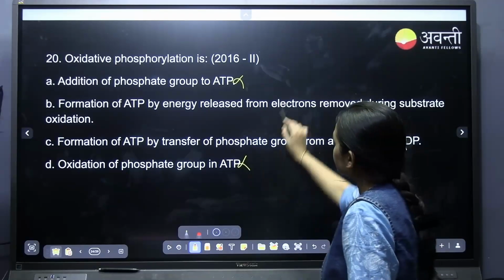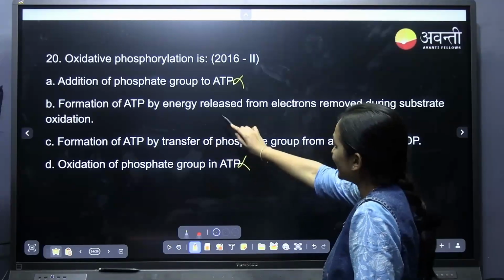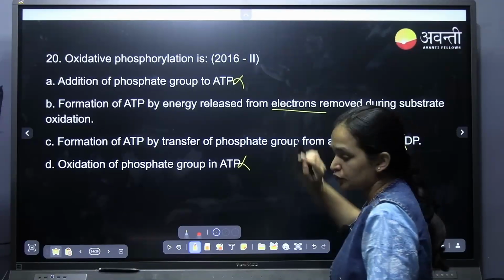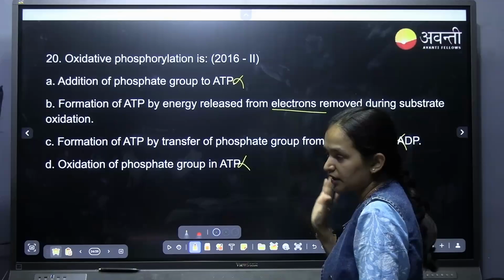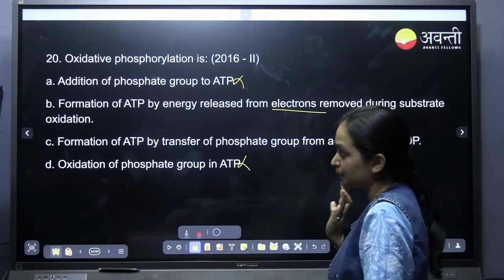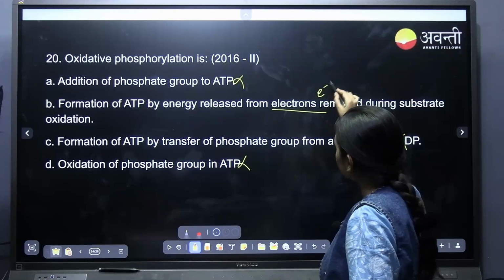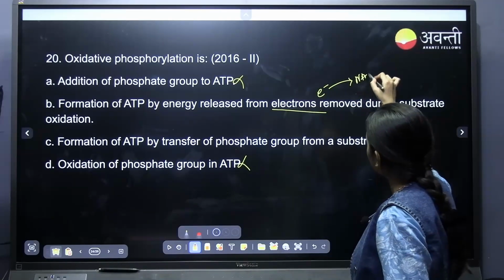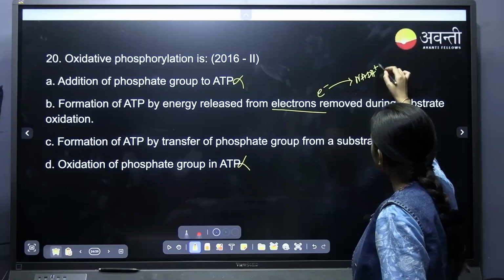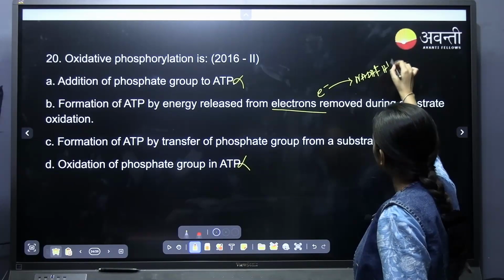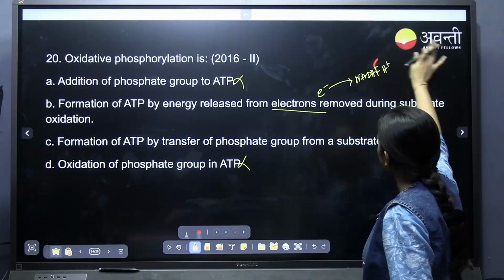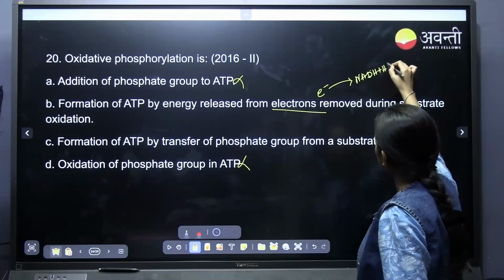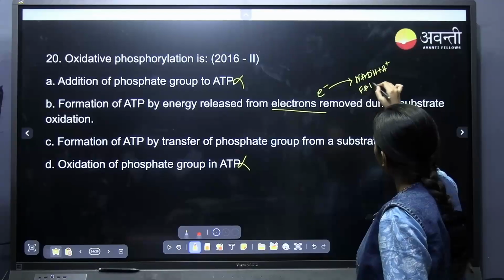What do you mean by this? Formation of ATP by energy released from the electrons removed during the substrate oxidation. Wherever it was taking place, glycolysis or Krebs cycle, from the substrate the electrons were removed and given to the reducing equivalents, NADH plus H plus or FADH2.